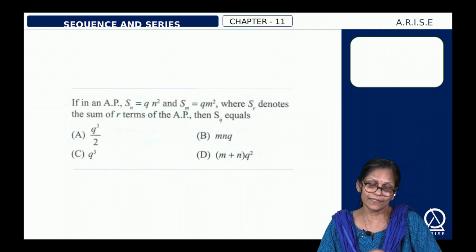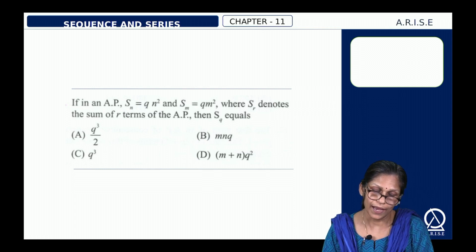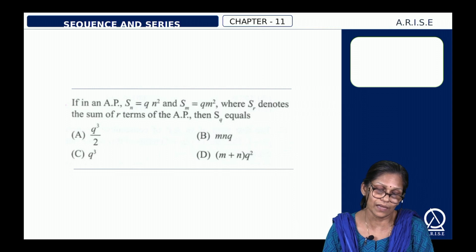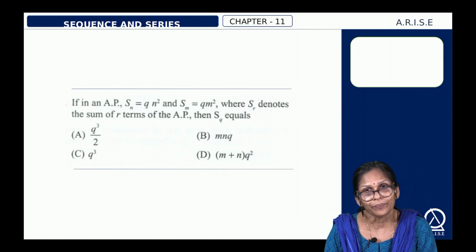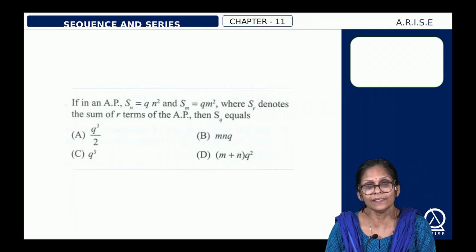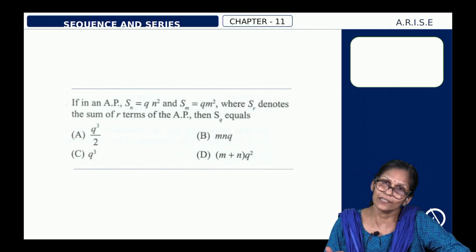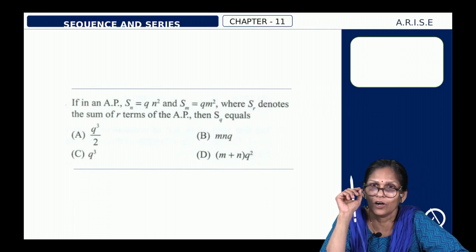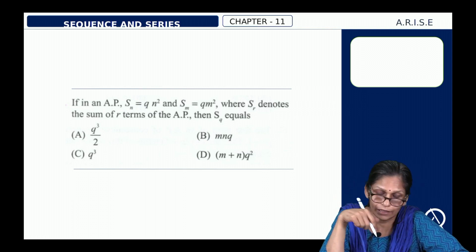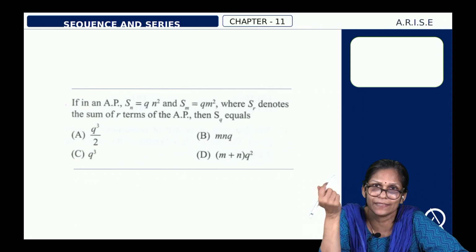If Sn is Qn squared, Sm is Qm squared, and Sr denotes the sum of r terms of the AP, then what is Sq? Now, if you remember a simple result which I told you while I took the lecture on AP, this question would be very simple.